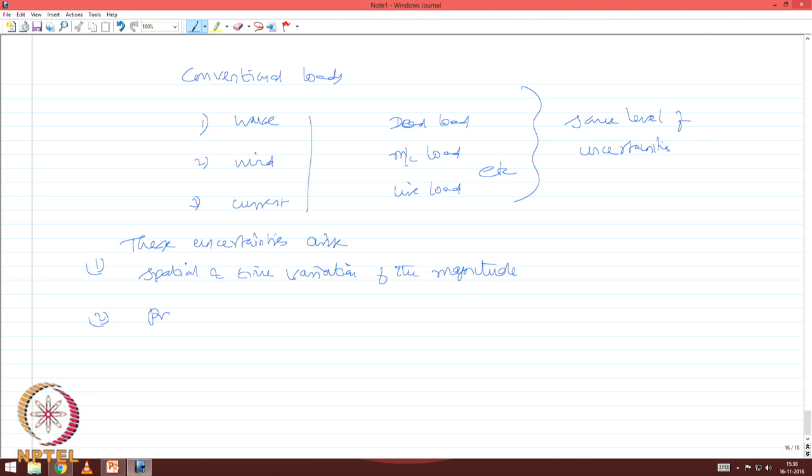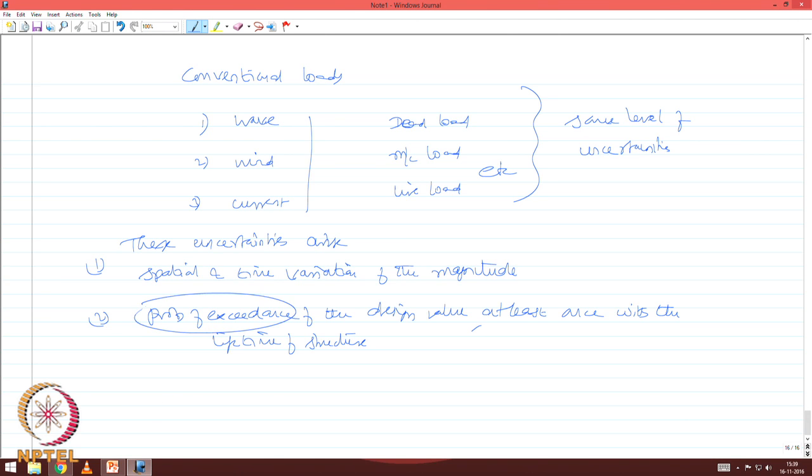Second, probability of exceedance of the design value at least once within the lifetime of the structure. The moment I say probability of exceedance, probability is always a term related to some degree of uncertainty.